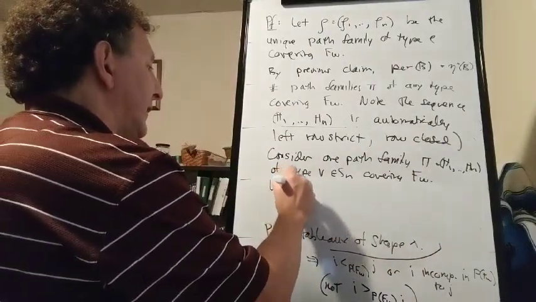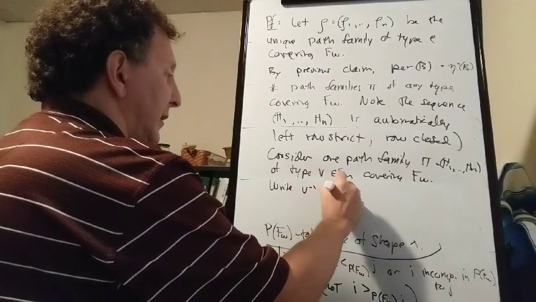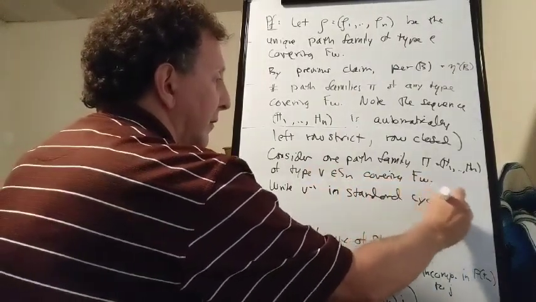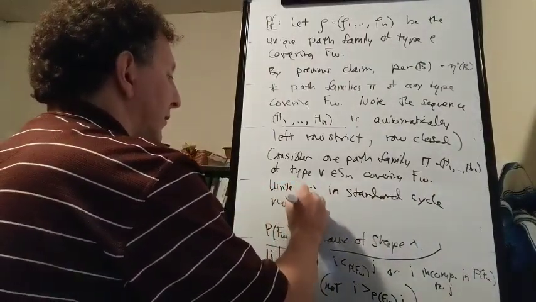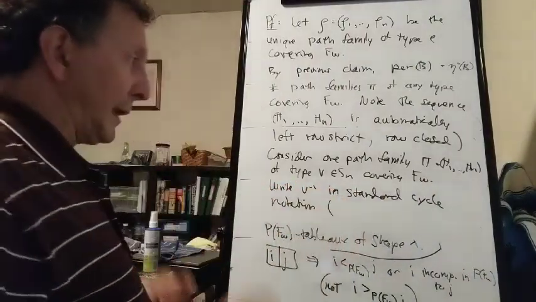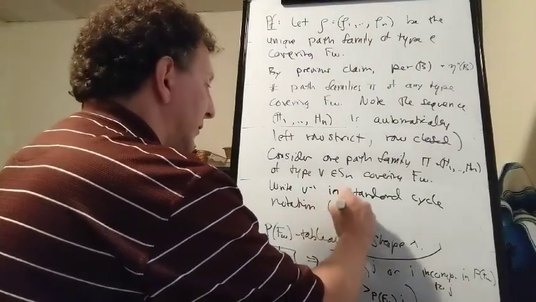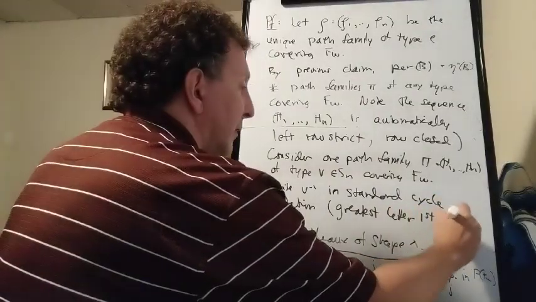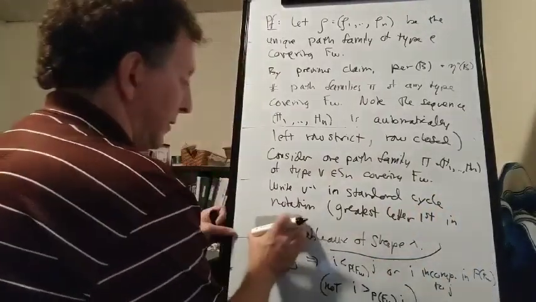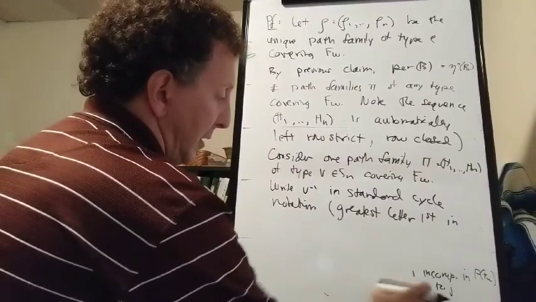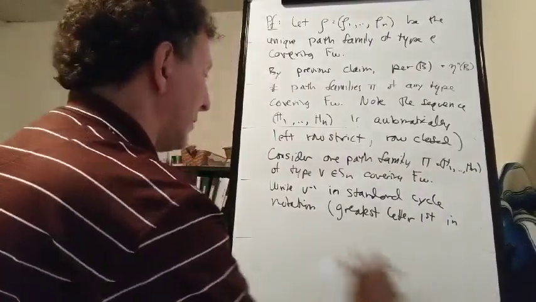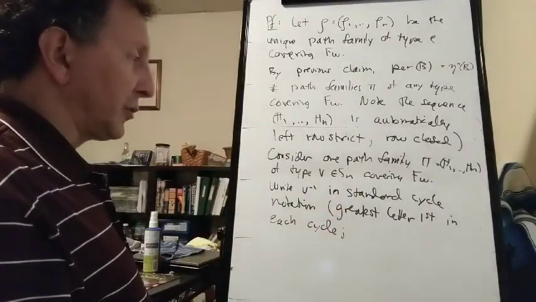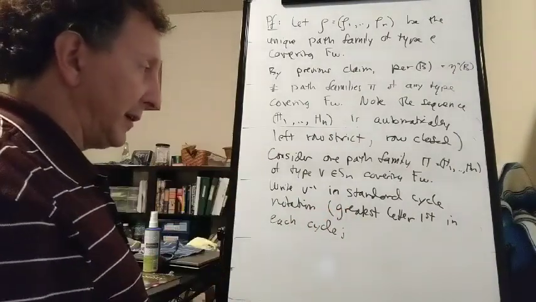Let's write v inverse in standard cycle notation. So that is the greatest letter first in each cycle, and then cycles ordered in order of increasing greatest letter.